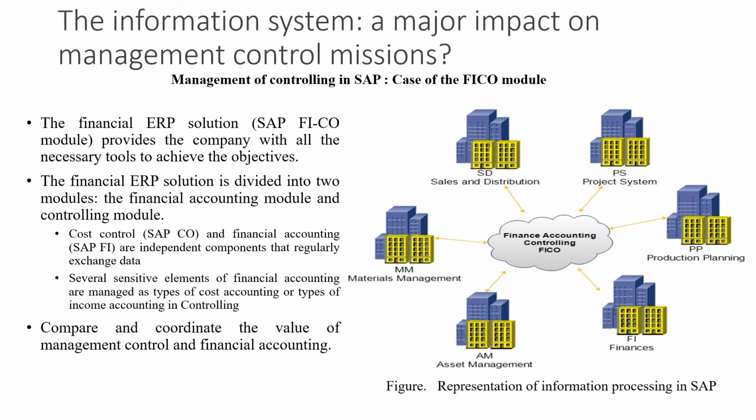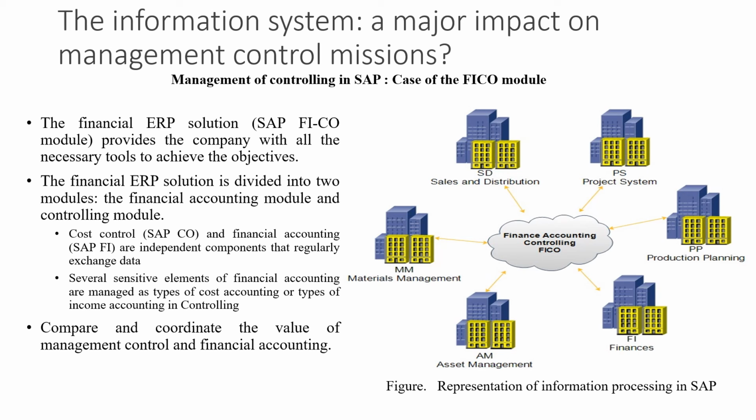For the financial ERP, as you can see in the figure, it is divided into multiple departments, like sales and distribution, project system, and production planning, that represent the information process in SAP.